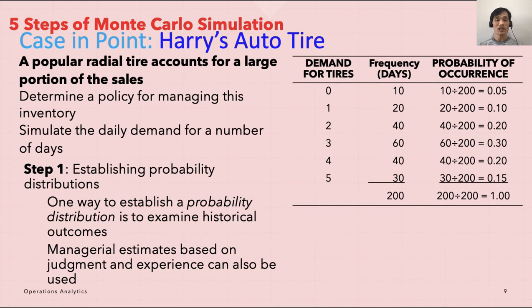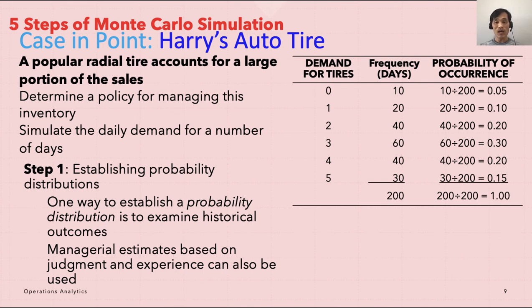The first step is establishing a probability distribution. One common way to establish a probability distribution for a given variable is to examine historical outcomes. The probability or relative frequency for each possible outcome of a variable is found by dividing the frequency of observation by the total number of observations.